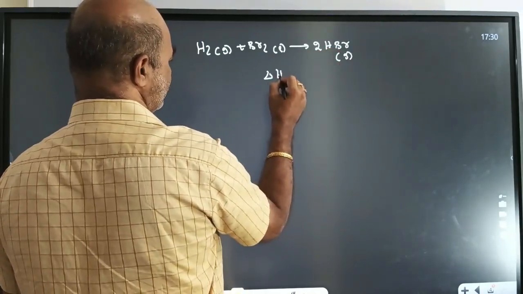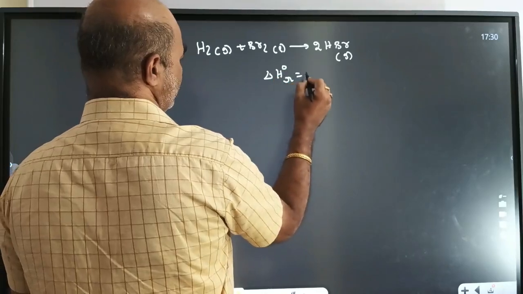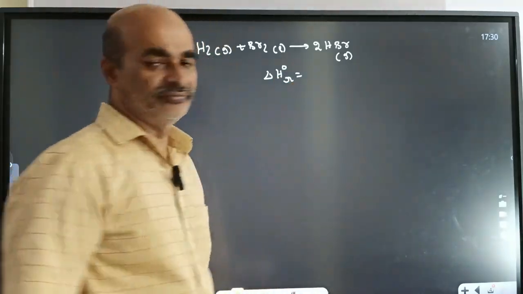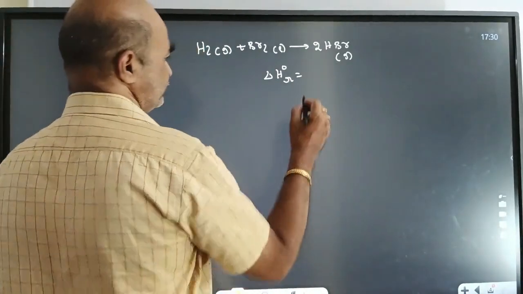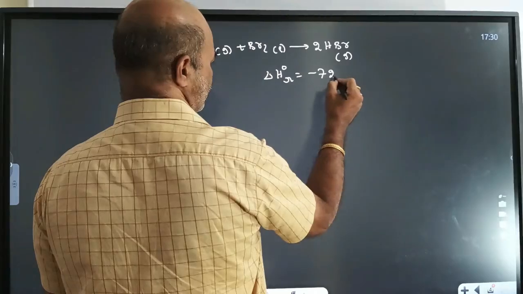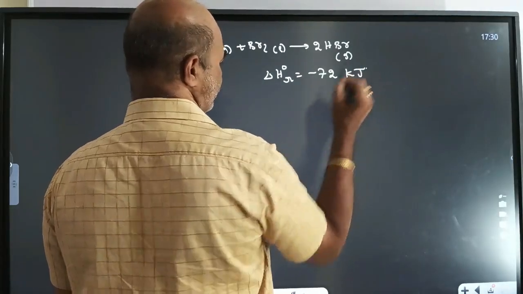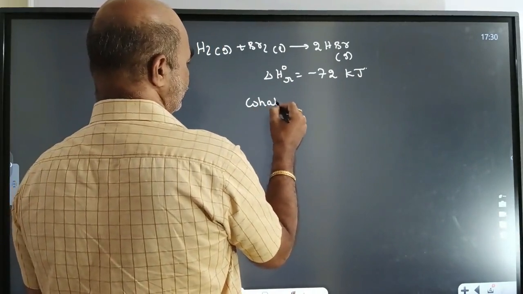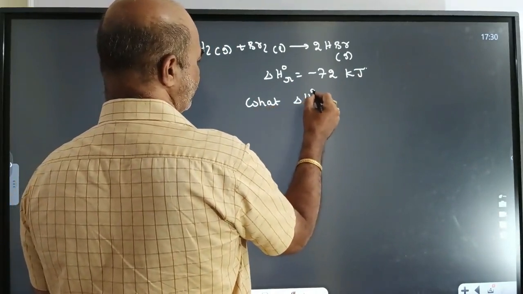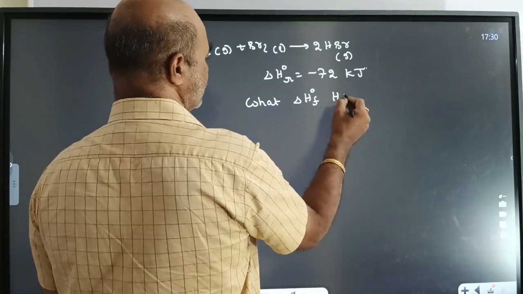The heat of reaction is minus 72 kilojoules. What is the enthalpy of formation of HBr?